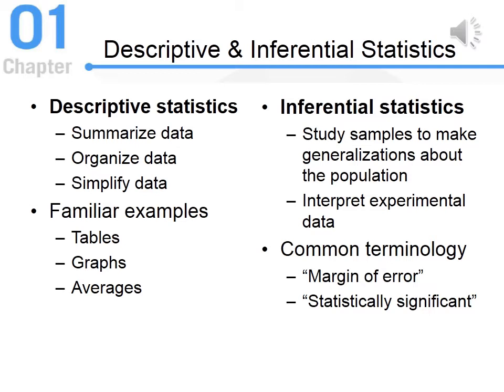So you've all seen examples of descriptive statistics lots of times. There are things like tables, graphs, averages. They describe, if you will. They provide summary information. So rather than looking at an Excel spreadsheet with 200 rows and 300 columns of individual data points, you instead look at a table and you can pretty easily see, oh, this is what's going on with the basic trends in this study.